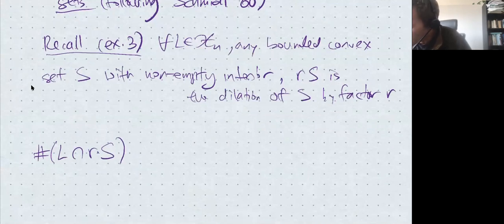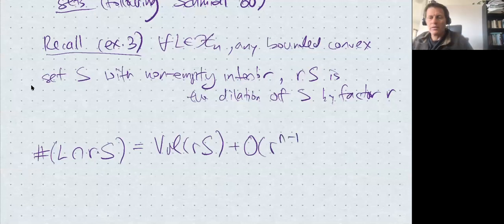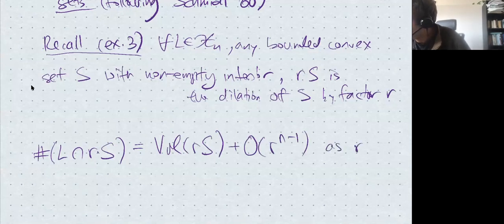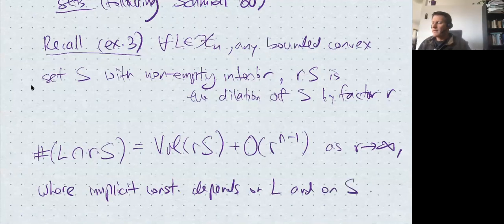that the number of lattice points in this dilation as R goes to infinity behaves like this. The main term is the volume of the body, and there's an error term, and the error term is growing like constant times R to the n minus 1, as R goes to infinity, where the implicit constant depends on L and on S. Okay?